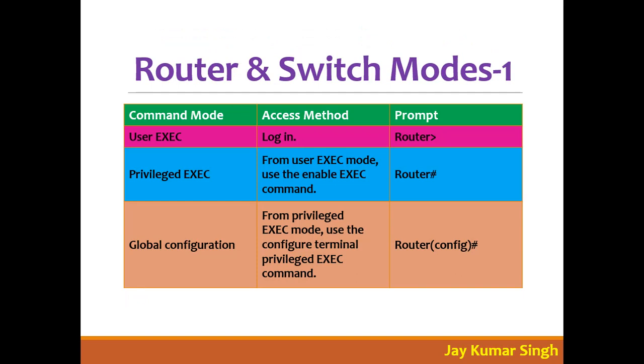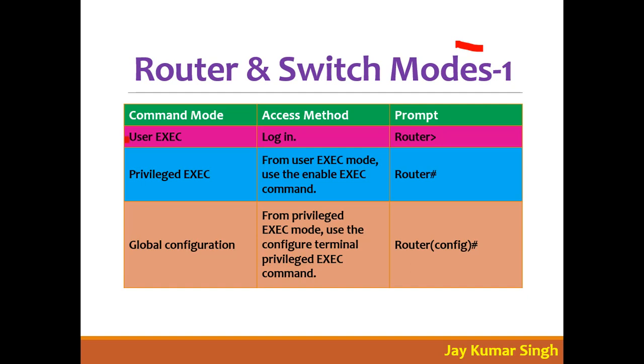So a router and switch have some modes. Like when I went to your office, in your office I wanted to communicate with you. First is the reception, then you have some kind of department, then after that I can meet you. So here also in the router, whenever you want to configure the router, there are some modes.